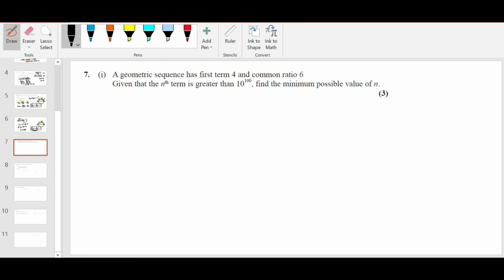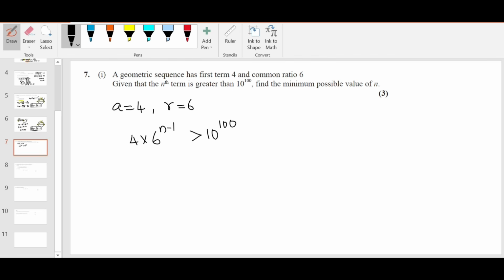A geometric sequence has first term 4 and common ratio 6. Given that the nth term is greater than 10 to the power 100, how do we write the nth term? A r power n minus 1 is greater than 10 to the power 100. Find the minimum possible values of n.